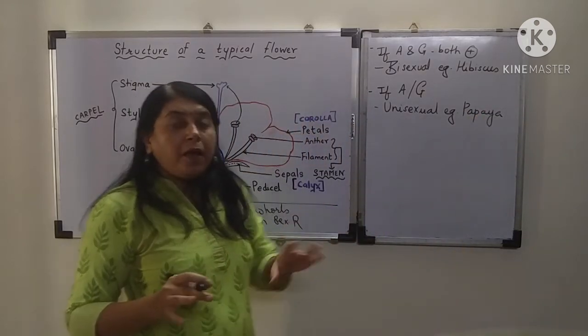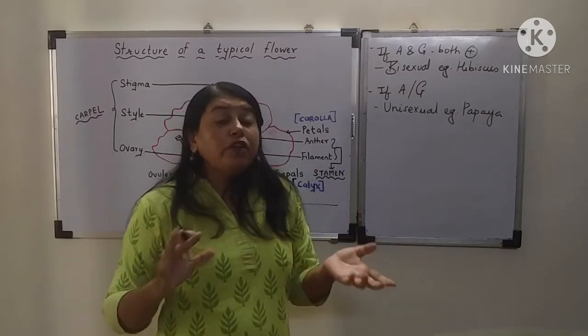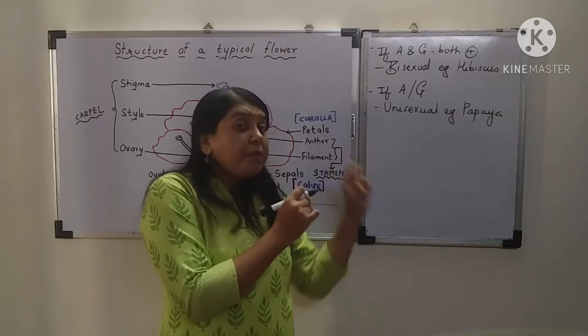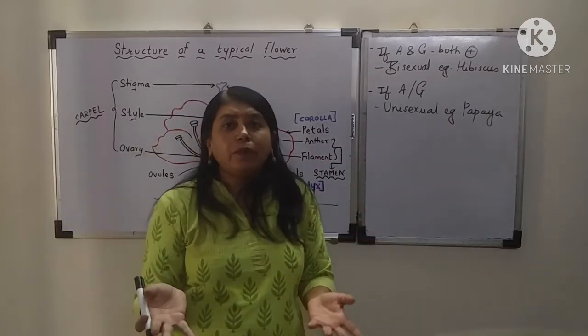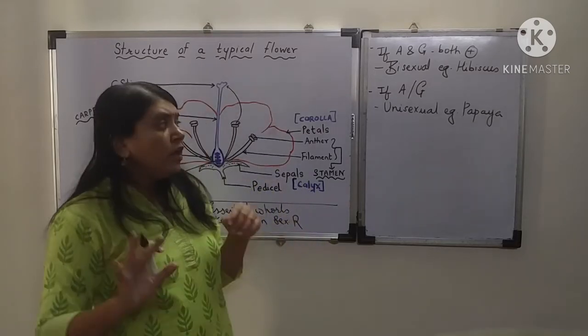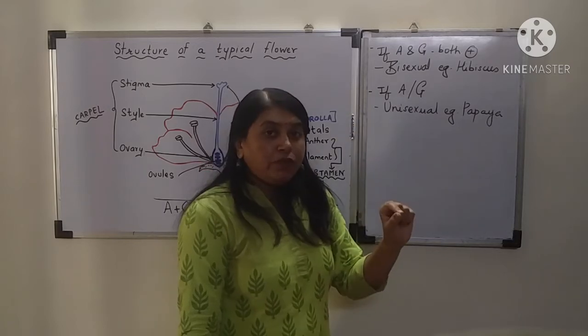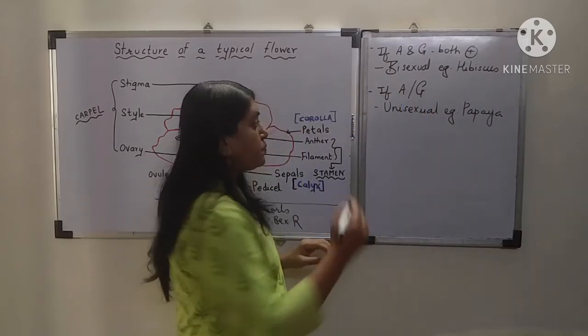Now see, in papaya, the male flower is different and the female flower is different. How will pollination occur? Pollination will occur when the pollen grains from the male flower fall on the stigma of the female flower. That is, cross pollination has to occur here. That we are not going to mention. We are just going to say that unisexual flower means either androecium or gynoecium is present.